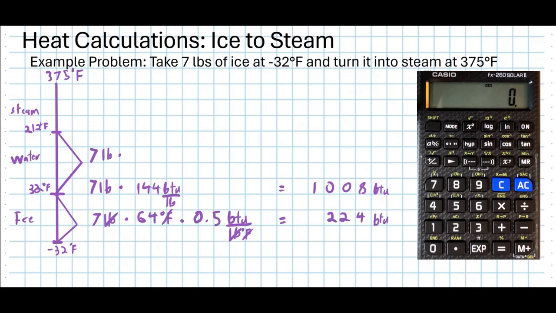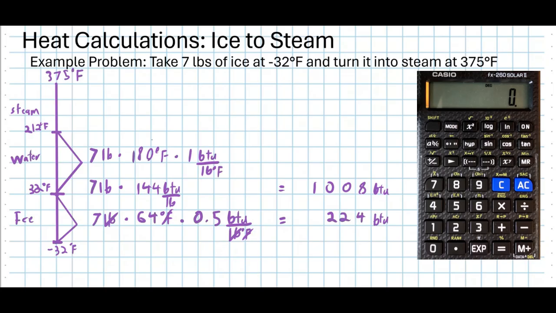And my temperature change in this case is going to be 212 minus 32, which gives us 180 degrees Fahrenheit of temperature change. Now, the specific heat capacity for water is going to be 1 BTU per pound per degree Fahrenheit.